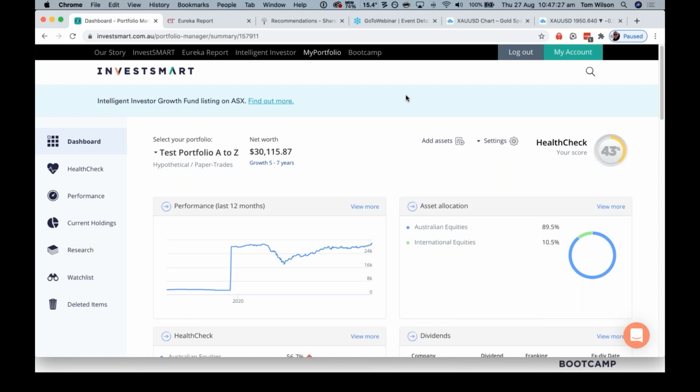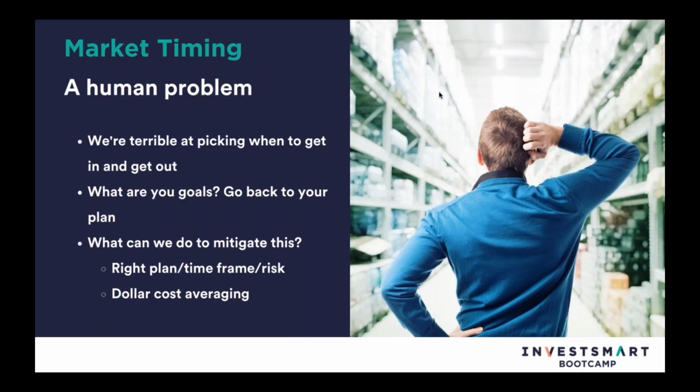This is one way that you could manage your bucket strategy or your investment program. So we talk about market timing, and this is one of the things that as human beings, unfortunately, we're quite bad at. And I've seen this firsthand, and you may have as well. Being on the investment side of things, having a lot of clients ring up trying to work out when is the best time to get in and out of a market, such as when we had the pandemic back in March.